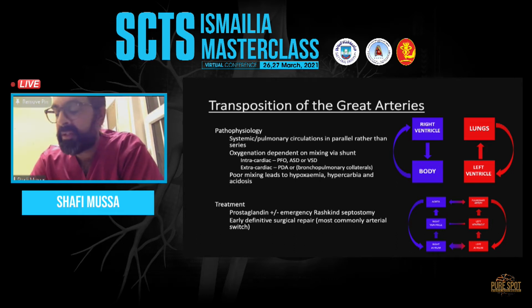So the first step in management of transposition is to try and maintain ductal patency, so again, a prostaglandin infusion. If the patient's saturations are still not improving with the prostaglandin infusion, the next step is to proceed to a Rashkind septostomy. That is a balloon atrial septostomy done either at the bedside under echocardiographic guidance or in the cath lab.